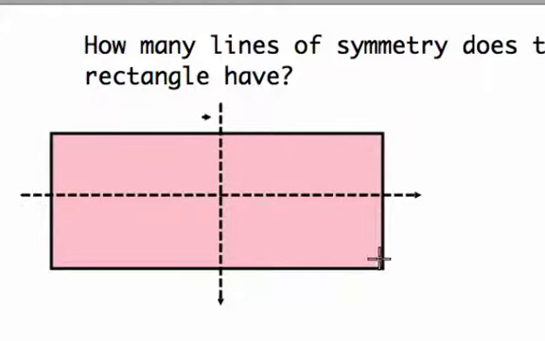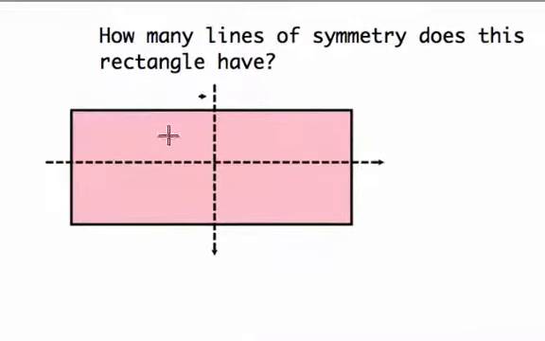Now this is kind of where people get a little bit mixed up. From corner to corner, that's not a line of symmetry. And same thing with the other corner, of course. The reason being, if you were to fold this into halves, and you could try it, a piece of notebook paper is a perfect example because that's a standard rectangle that's not a square.